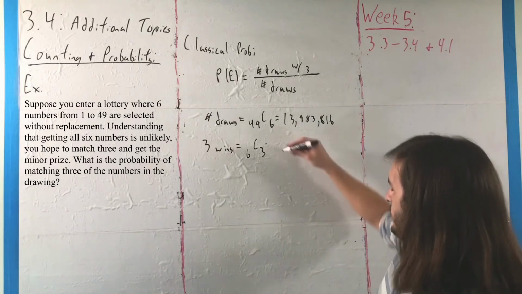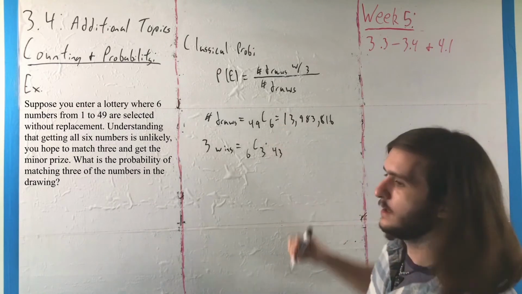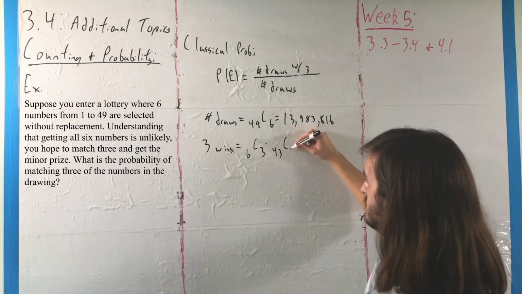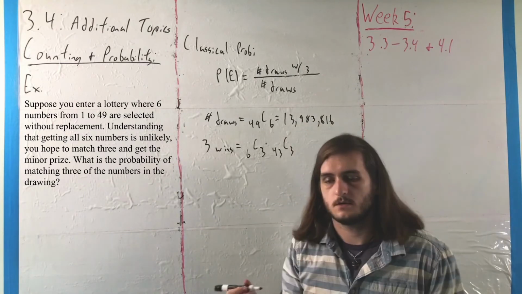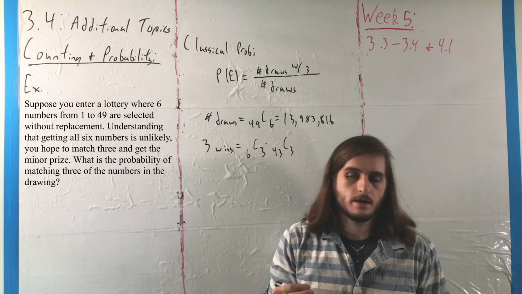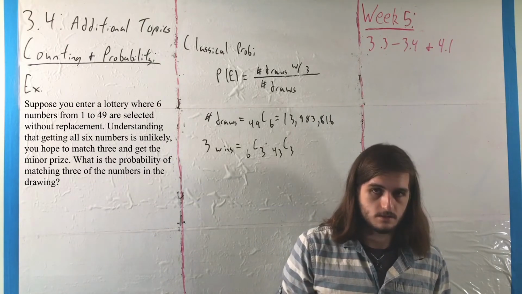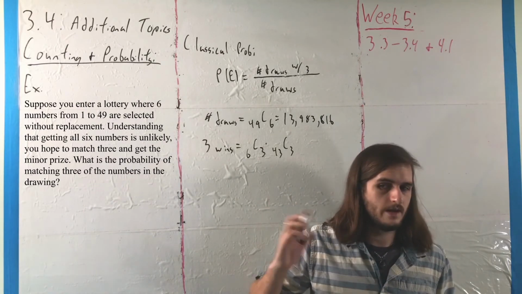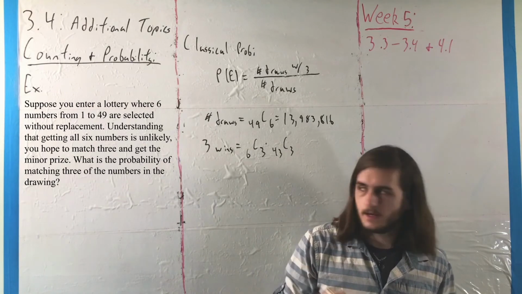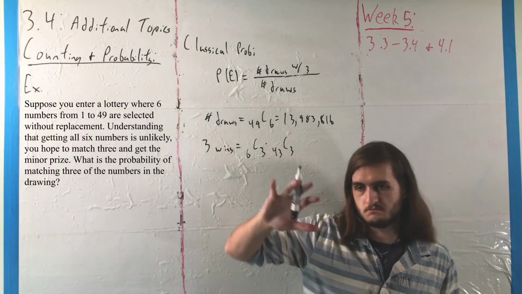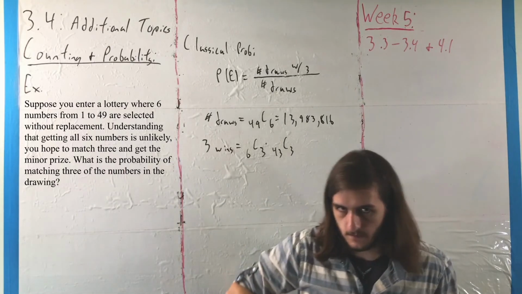Specifically, we have 43 of them that are not winners. And we just need to pick 3 more. Because we're not looking for at least 3 winners. We want exactly 3. If we want at least 3, then we'd have other options and our number would change a bit. But in this case, we just want the other 3 to be something nonsensical and unhelpful.